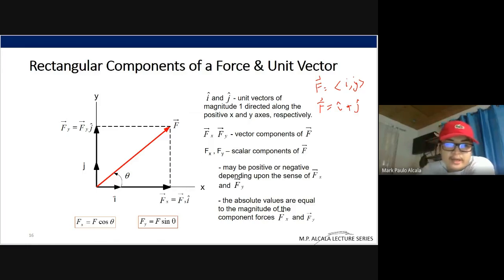Meaning when we identify I to be our X function and J to be our Y function, we can easily resolve it. The X component for the force F is equivalent to F cosine theta, the directional cosine, and then sine for the Y component, okay?